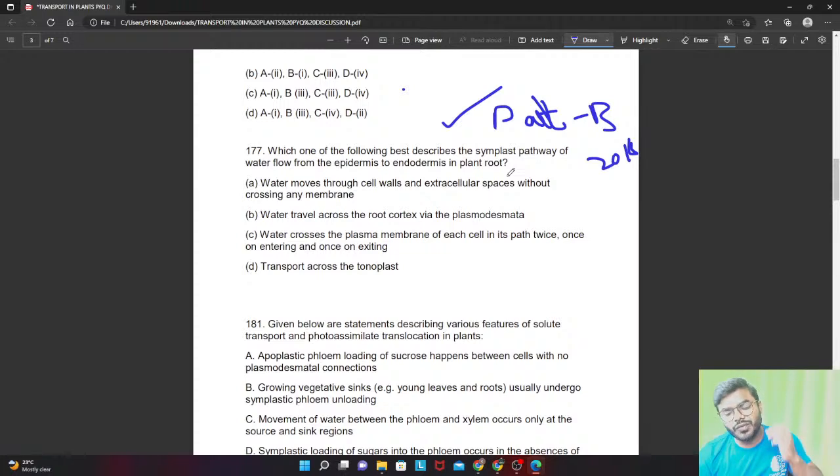Yes, what's the answer for 177? Straightforward question. Very easy question. No need to think also, right?